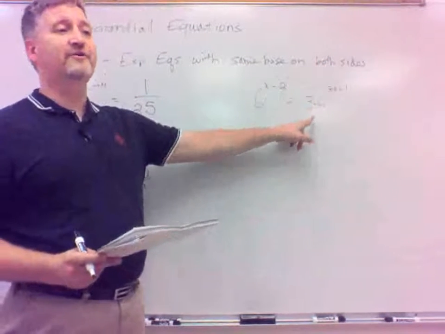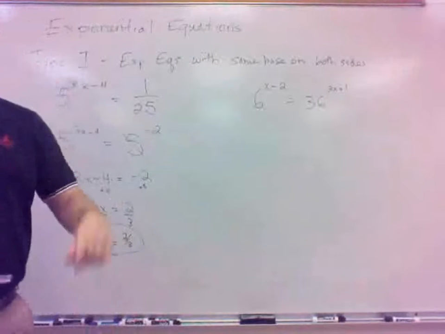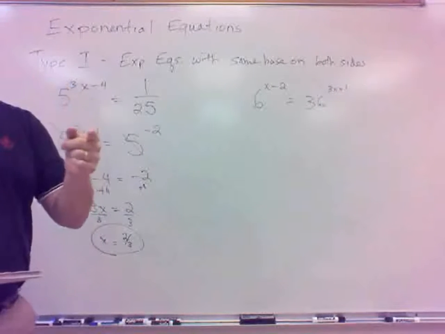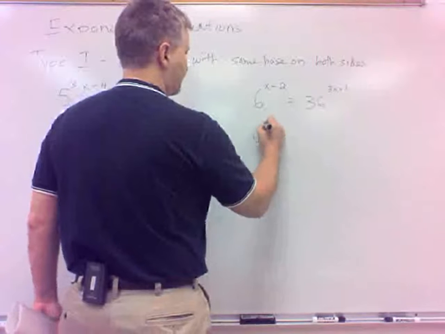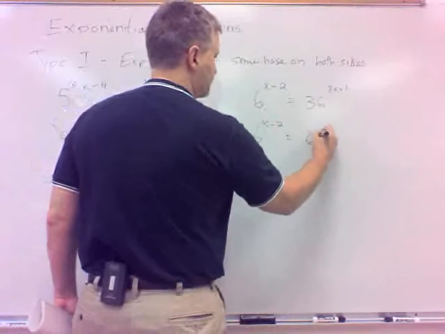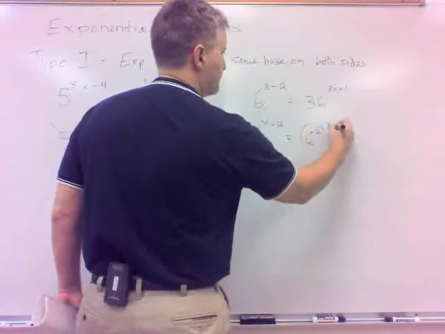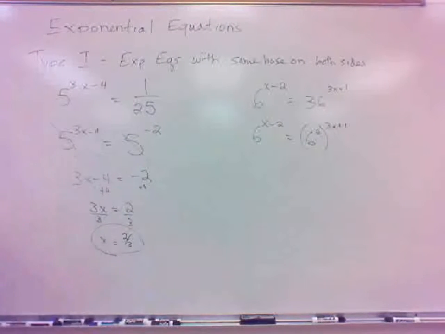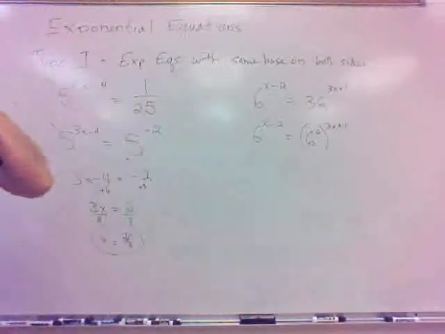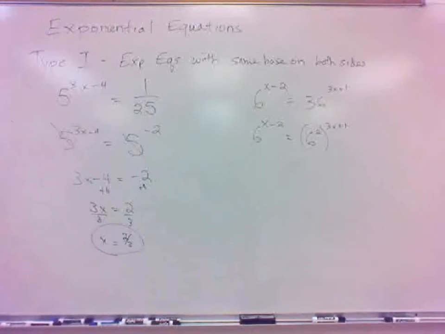However, what can I do with a 36? 36 I can write as 6 to a power. Yeah, 36 is 6 squared. I need both of them to be the same base, so 36 is a nice base 6 number. It's 6 squared.